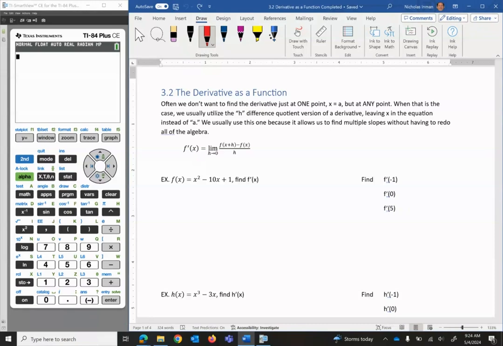So inside of the f function, we have to put x plus h. So the limit as h approaches 0 of x plus h squared minus 10 times x plus h plus 1 minus the original function over h.